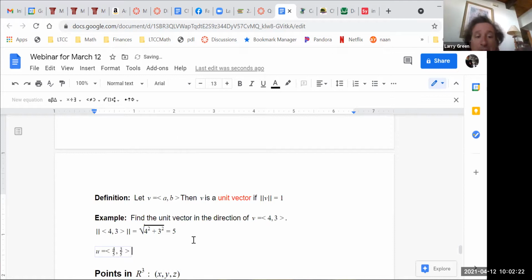And that'll always be a unit vector. So if you take a vector and divide by its magnitude, then you get a unit vector in the direction of that vector. Any questions on this process?